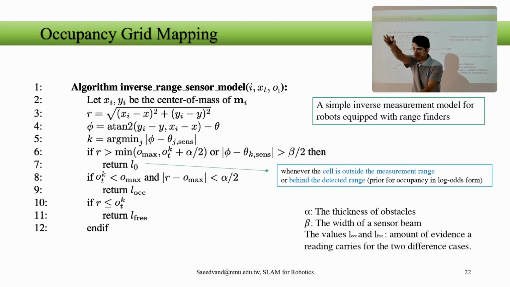If it's after that, I say okay, use this term. If it's in the middle, I say okay, return occupied, because the object is inside that grid cell. Otherwise, it means it is closer to me and I put it as free.